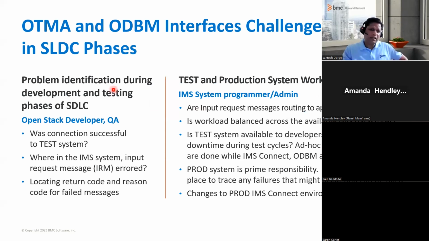Okay, so I'm going to speak about the challenges in the different HDLC phases, and then I think I have a second last slide about collaborating DBAs with the developers.